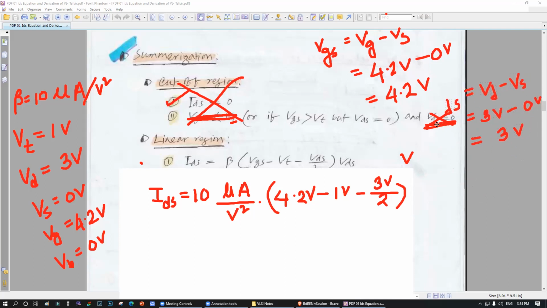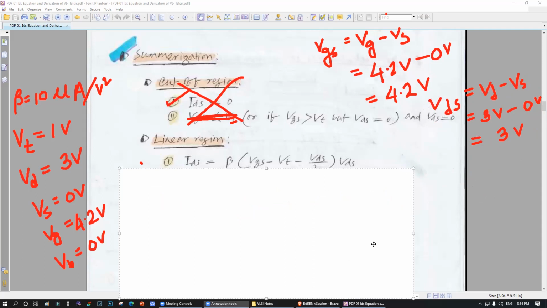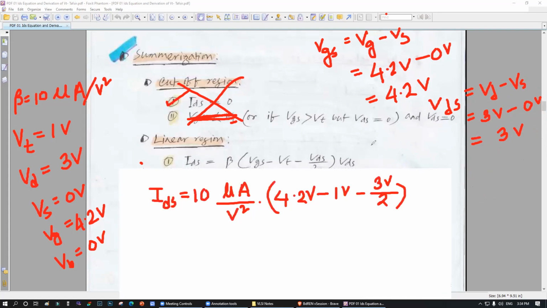So I made some space. Into VDS. VDS is equal to 3 volt. So these are the calculations now. Now come to the unit. 4.2 minus 1 divided by 3 by 2, right?